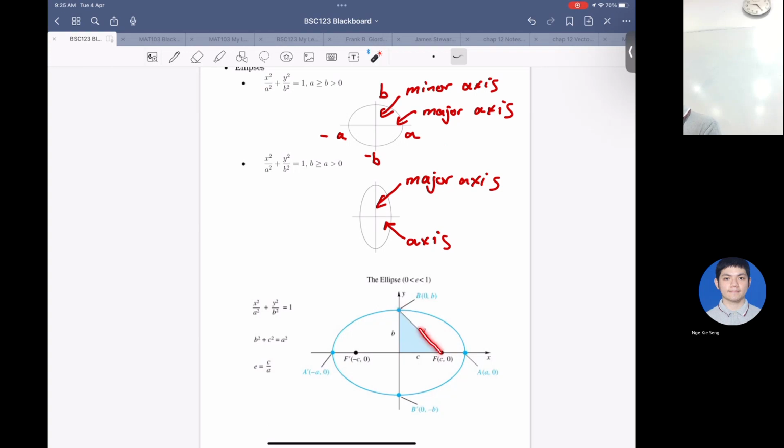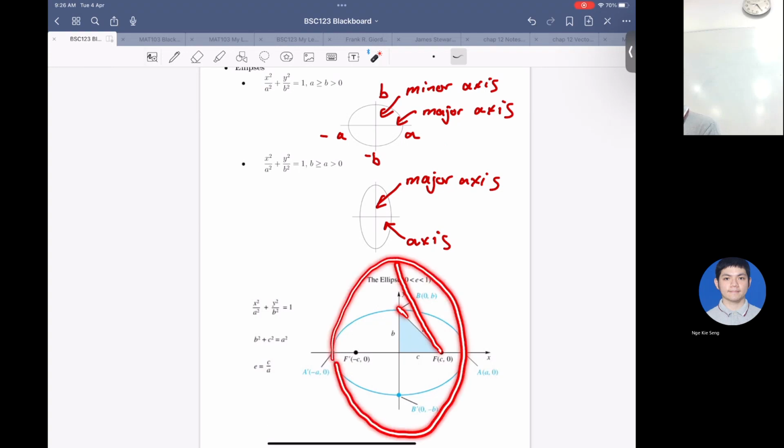Okay, so if you extend this A, you can see that this ellipse gets squished, like squished on the x-axis. So if you extend this A, this ellipse will get longer.